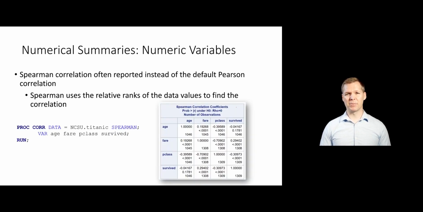How we ask for Spearman instead of the default is we're just going to add the SPEARMAN option up here on our PROC CORR statement. And you can see that this correlation value did change. It was about 0.178 before, now it's 0.192. So we do get a little bit of a change here, but you can still interpret this in the same way as before. There's still a weak positive linear relationship between these two variables.